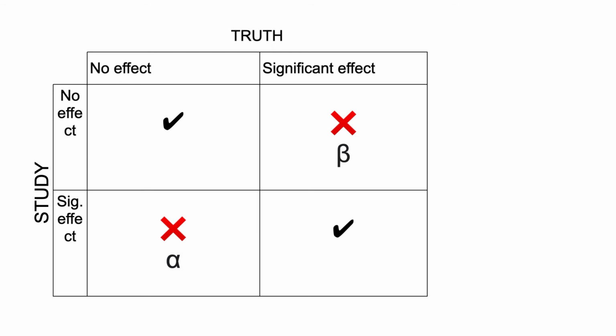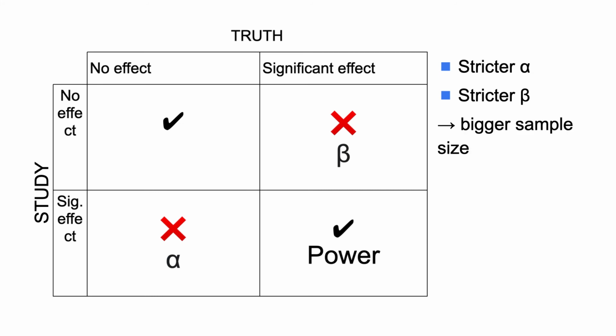And it's upon these two values that our sample size is going to change. So if we have a stricter alpha and a stricter beta, so we don't want to miss any effect that is real, or find an effect that isn't real, we have to have a bigger sample size.